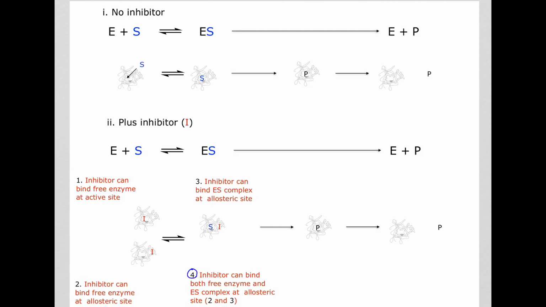The fourth possibility is that the inhibitor can bind the free enzyme, that is the enzyme without the substrate, at the allosteric site, and the inhibitor can also bind the enzyme substrate complex. Let's see how the binding of the inhibitor affects the Vmax and or the Km of an enzyme catalyzed reaction.